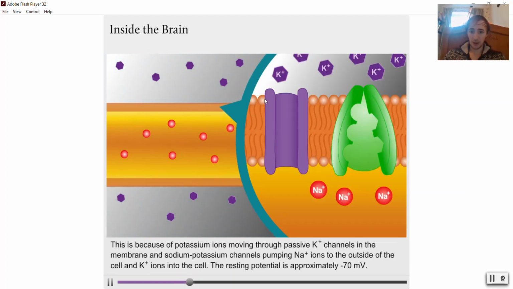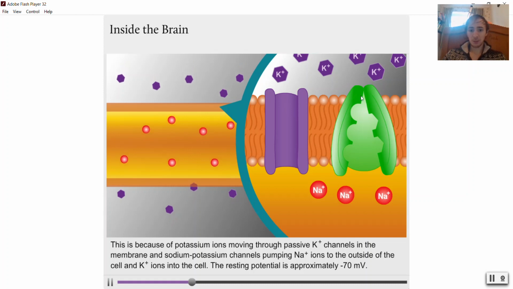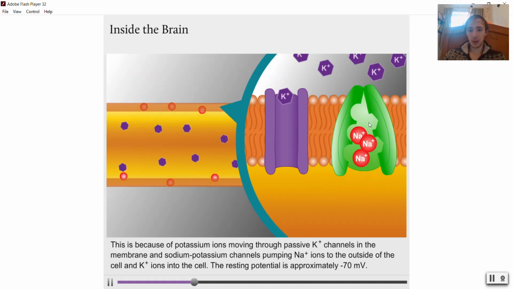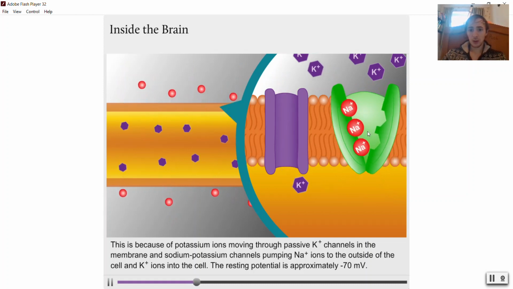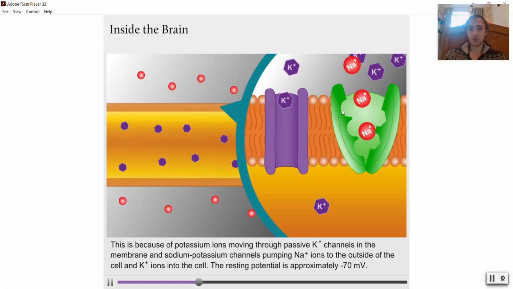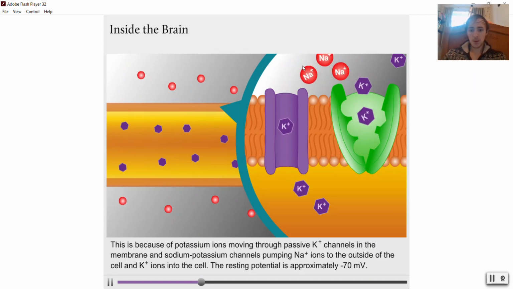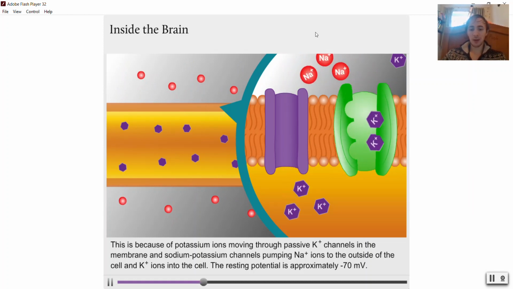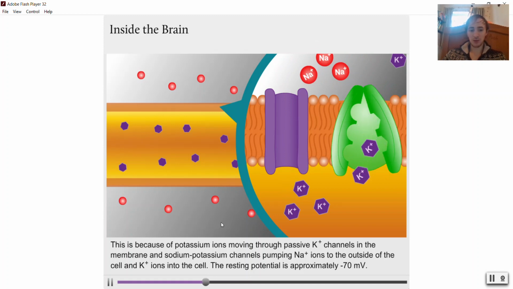What's happening here is that potassium ions are being pumped in, and sodium ions are being pumped out of the cell, so potassium ions are at a high concentration inside. They are then able to diffuse out of the cell via their leak channels, but sodium ions can't get in.